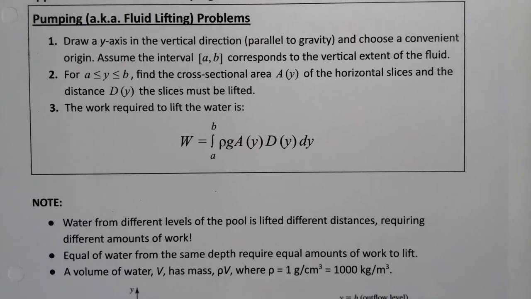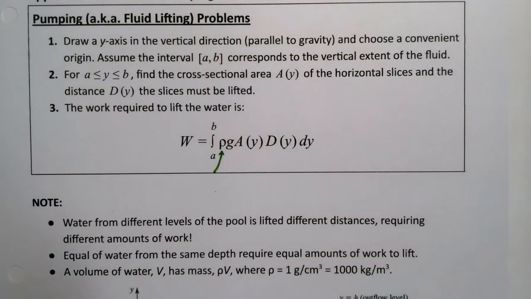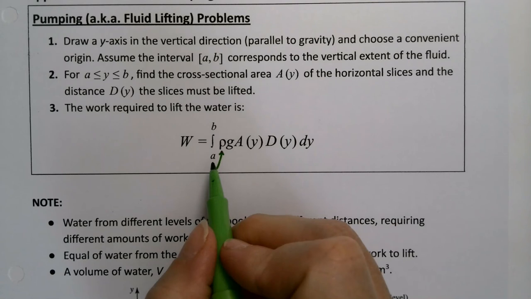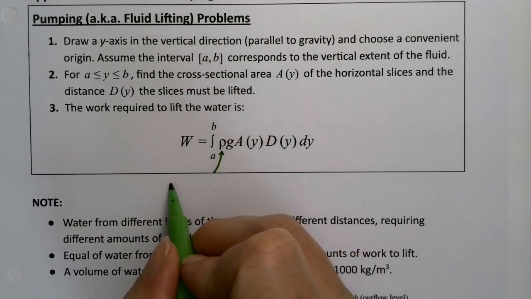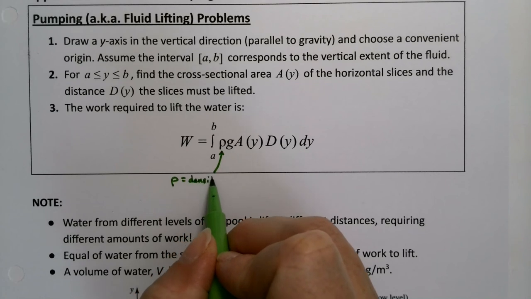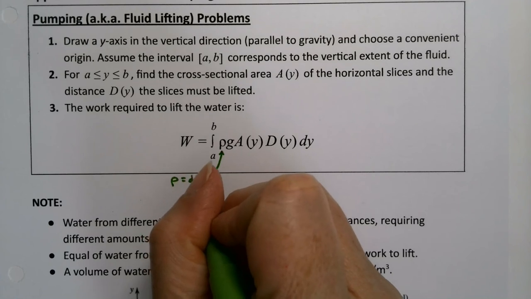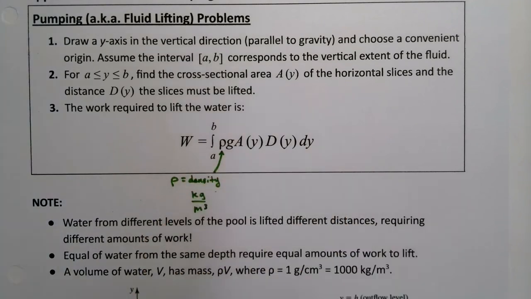So the work would be, let's see, we have gravitational constant. This is rho. Rho is density, which is usually in kilograms per meters cubed. That's a pretty common one.